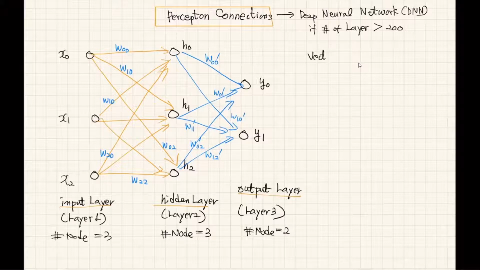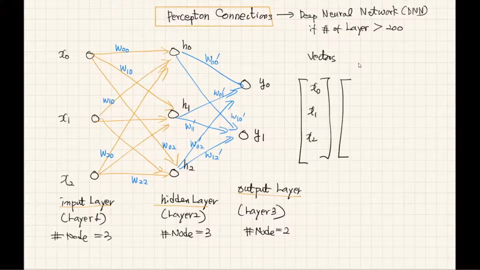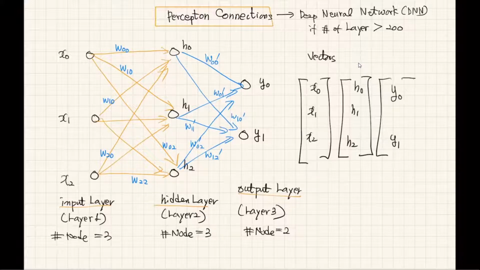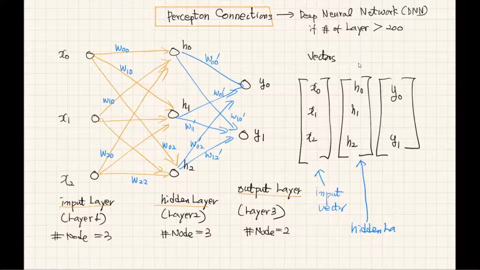There are 3 vectors. In this case, this is the input vector, this is the hidden layer output vector, and this is the output vector.